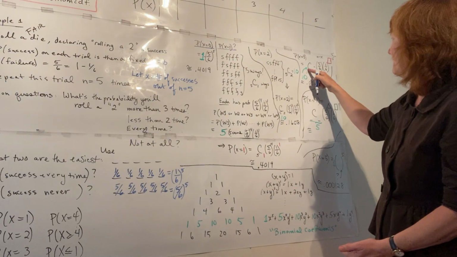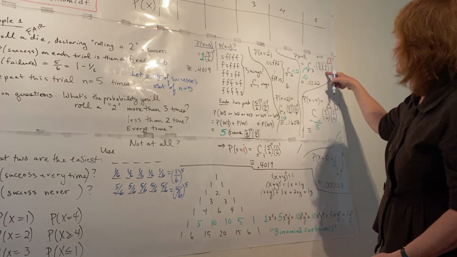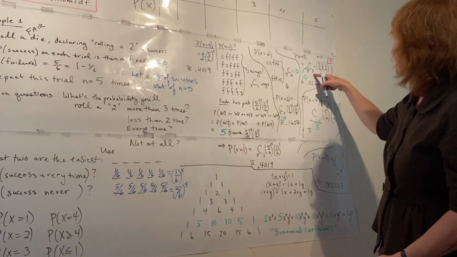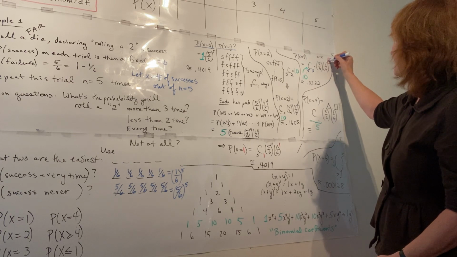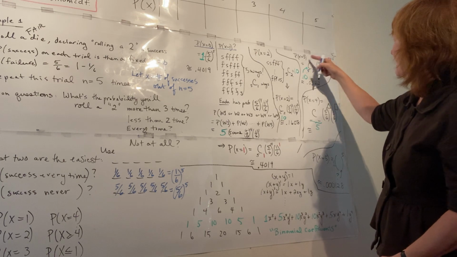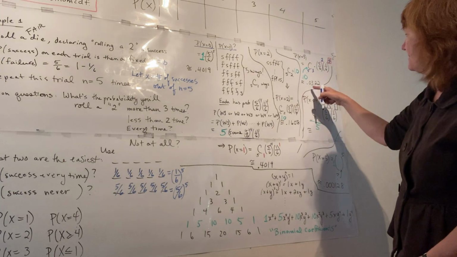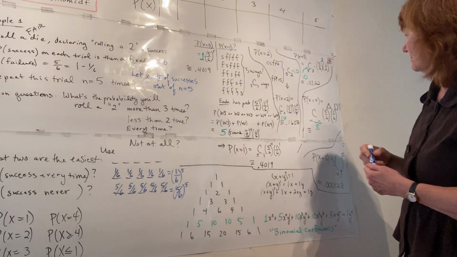Here's a 5. There you go. So 3, 3, and 3. There's 3 successes. So that means there's how many failures? 5 minus 3 is 2. Well, that turns out to be equal to 0.0322.